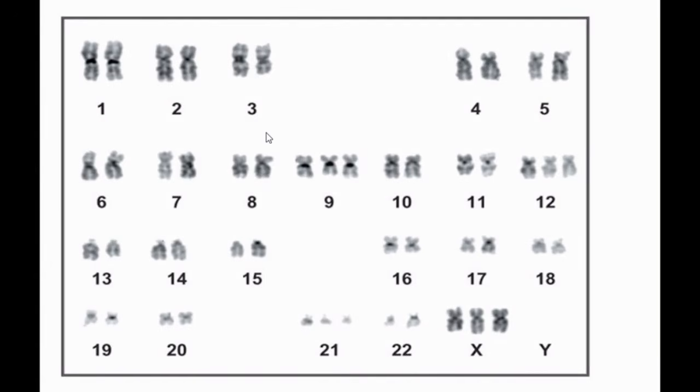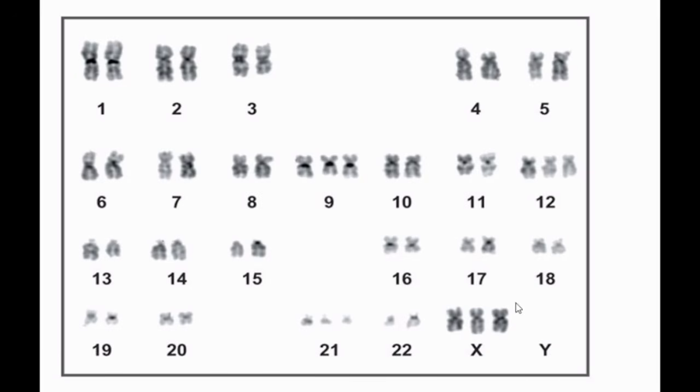These are the 23 pairs of chromosomes present in our human cell. Each and every cell contains the 23 pairs, that means the 46 chromosomes. You can see this is the first pair, second pair, third pair, fourth pair, fifth pair, like that. The 23rd pair is where one chromosome is called the X chromosome and the other is called the Y chromosome.